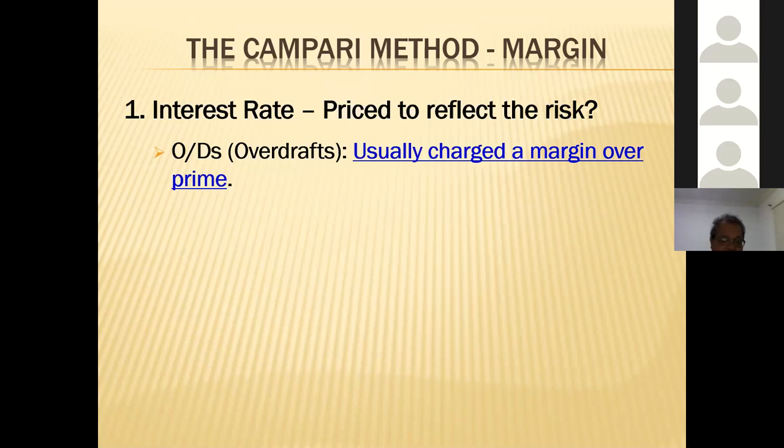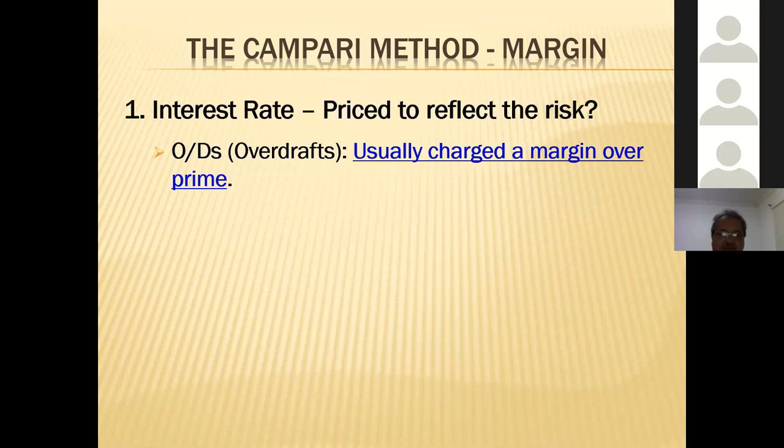The prime rate, or the lending rate, is set by the Central Bank of the Bahamas, and if my memory serves me correctly, I think that's 4.25%. So when we talk about a margin over prime, a financial institution would decide how much more they want to make on top of that prime interest rate.